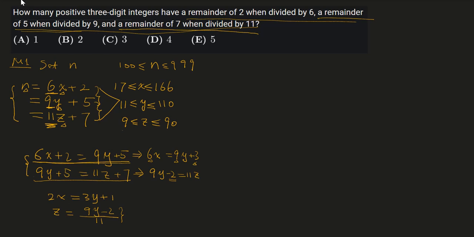All students are encouraged to try the other way, for example, to solve y in terms of z, and then see if you can get a better solution. These intuitions are just buried deep in my mind through the years of solving such number theory problems. They may be right or may not be right. It's just experience. So I share it just in case you may find that helpful.